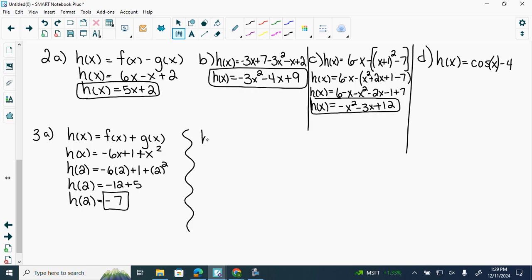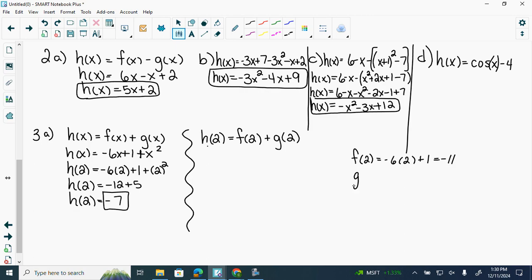So we could go h of 2 equals f of 2 plus g of 2. You see how I plugged the 2 in right away? If we do that, off to the side we have to find f of 2 and g of 2. So f of 2 equals negative 6 times 2 plus 1, which is negative 11.